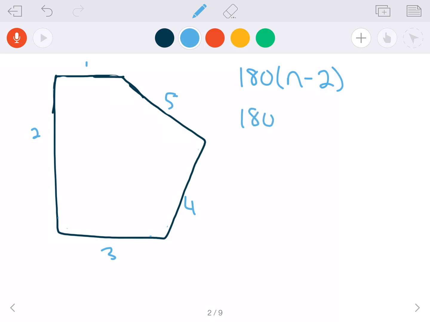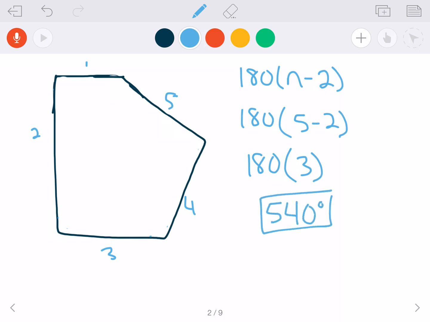So we've got 180 times 5 minus 2. 5 minus 2 is 3, so 180 times 3 gives me 540 degrees. So the sum of the interior angles of this shape is 540 degrees.